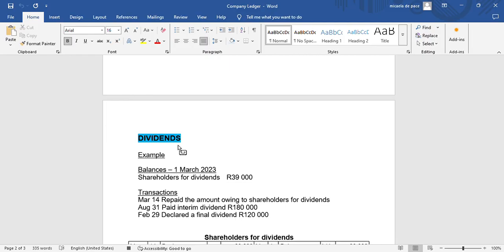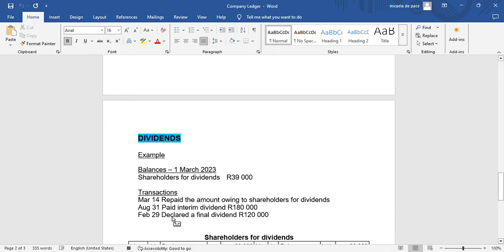Your interim dividend is declared by the directors, approved by the directors, and paid immediately sometime during the financial year. That's interim. Your final dividend, on the other hand, is a dividend that the directors declare. They then go to the annual general meeting, and only once that dividend is approved is that dividend actually paid.